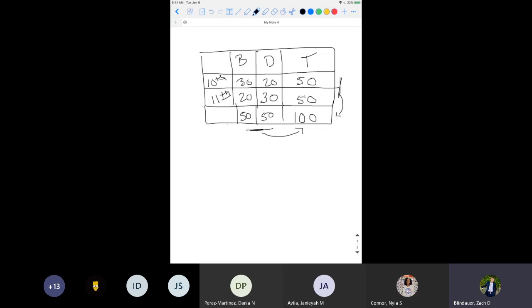The question said, do you think the probability of liking bowling is dependent on whether a student is in 11th or 10th grade?